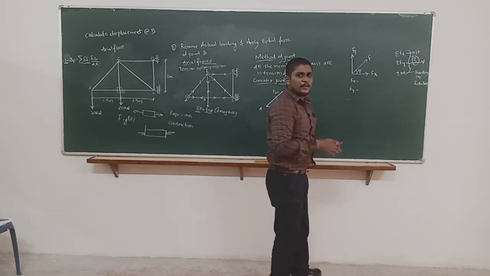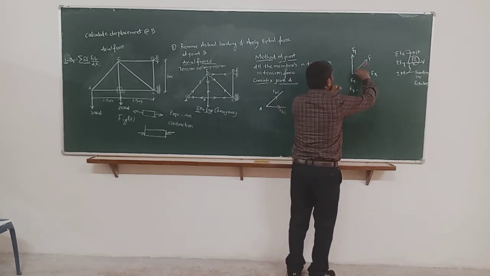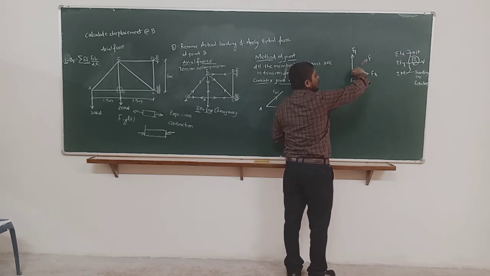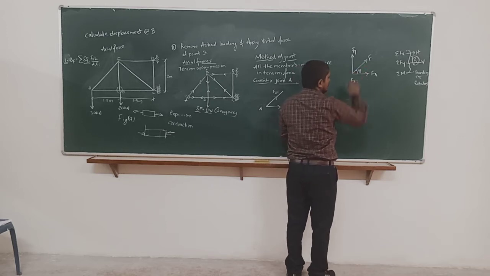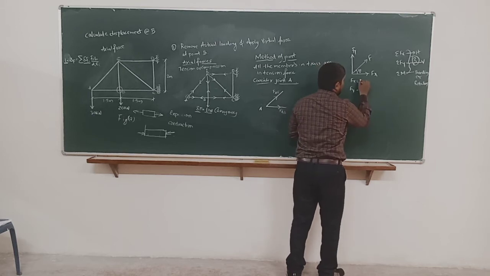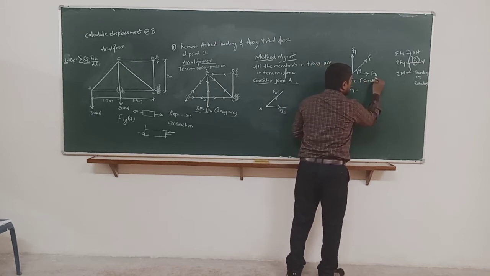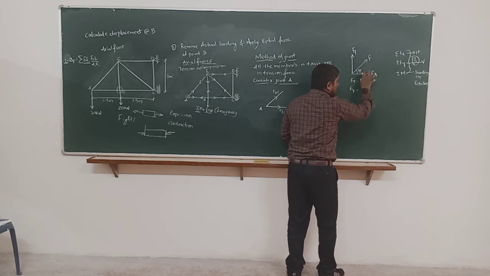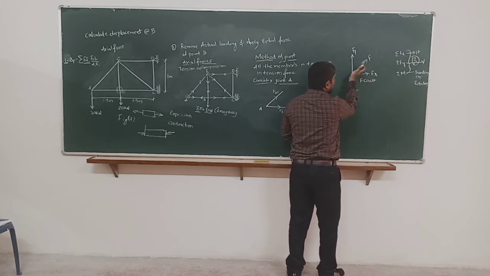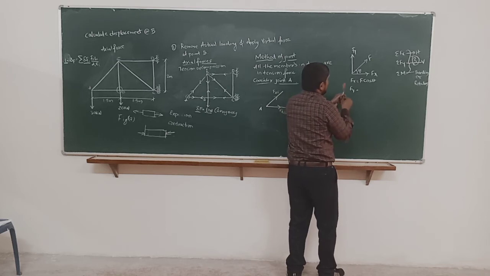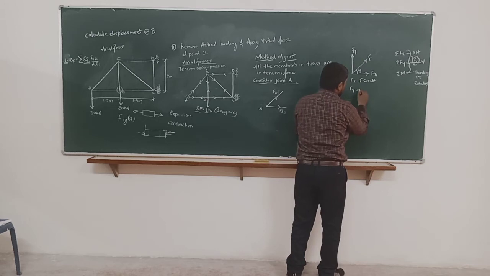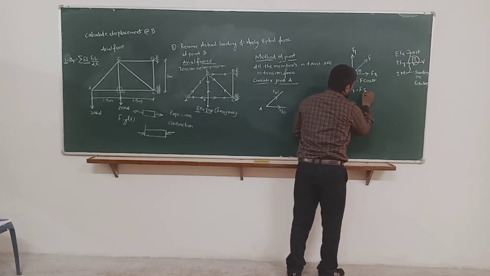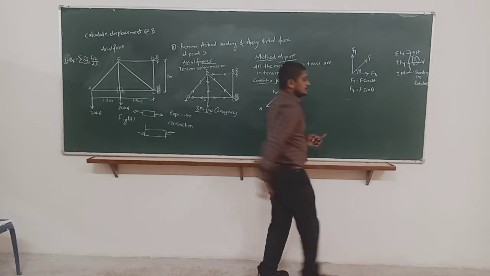In simple fundamentals, see, I keep my pen here. If your inclined force is rotating towards the theta, here is the theta, towards the theta, like this, this will give me the Fx component as F cos theta. If it rotates towards the theta, it is cos theta. If it is rotating away from the theta, it is F sin theta.